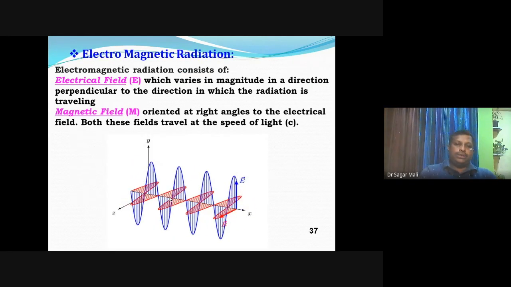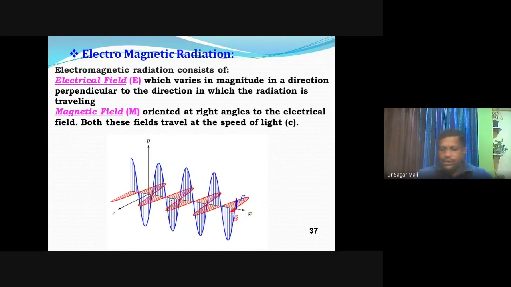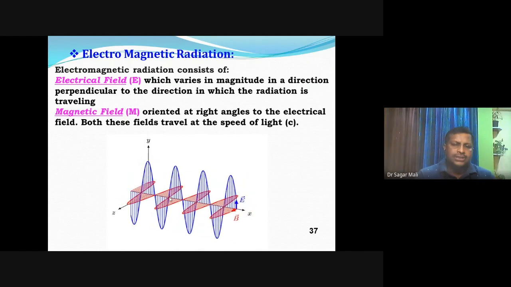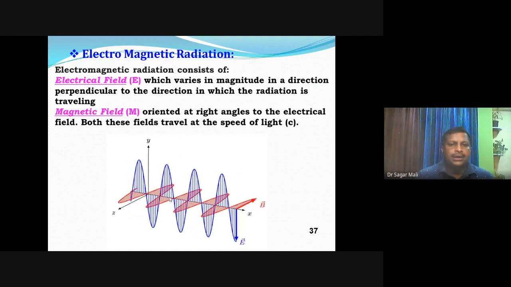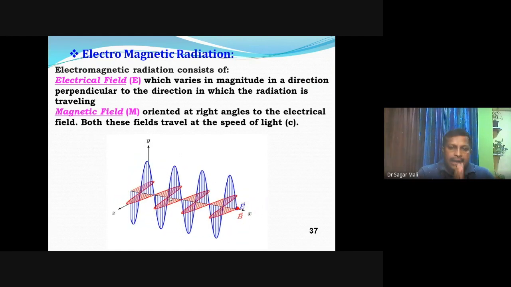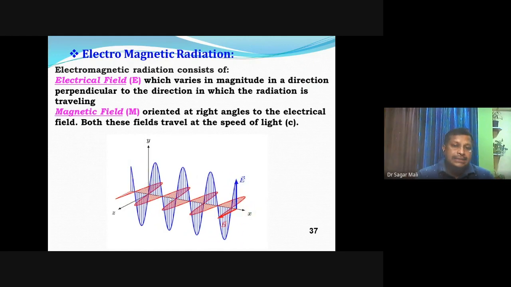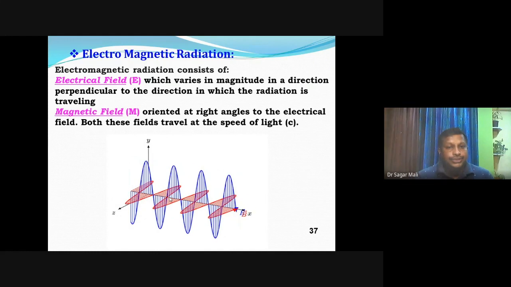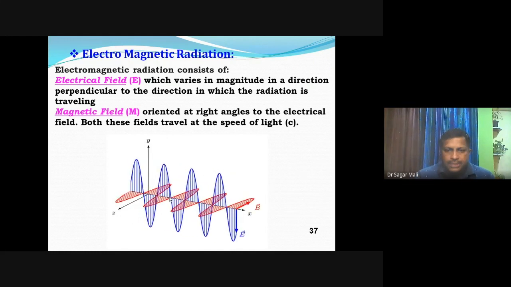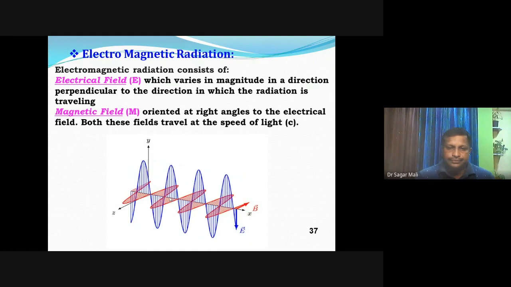Another important part of remote sensing is electromagnetic radiation. As I told, on the sun's surface a lot of chemical and nuclear reactions occur which create energy. That energy travels into space in the form of electric waves. In this image, you can see the green waves are the electric waves.